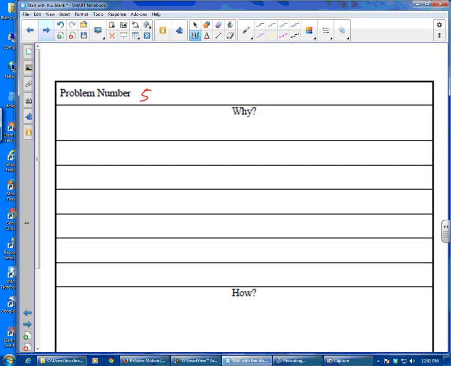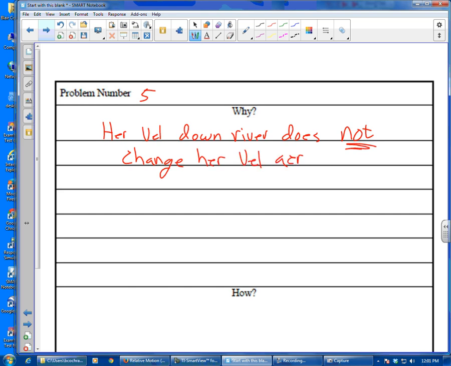This is number 5 with my why. Her velocity downriver does not change her velocity across the river, since, here's my little symbol for perpendicular.